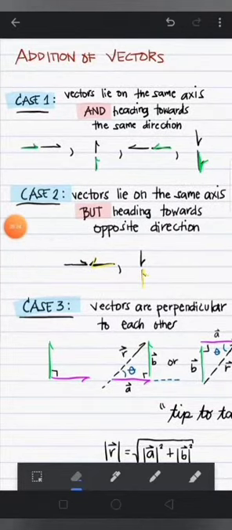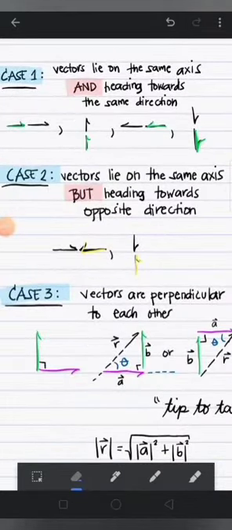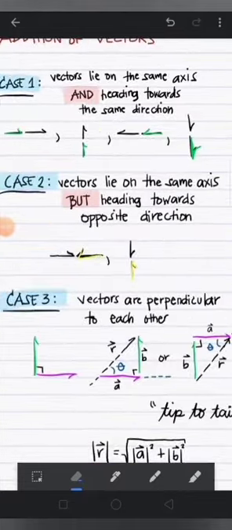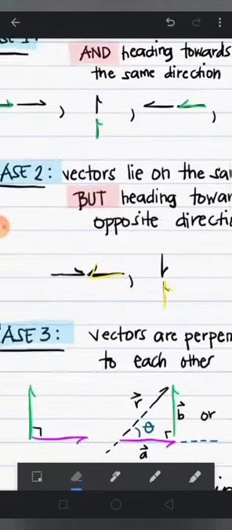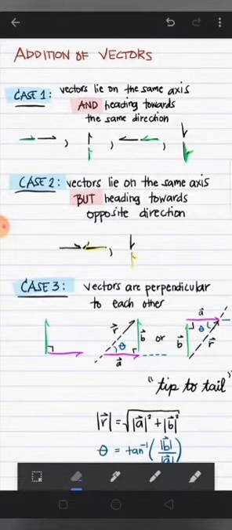The second case is if we add vectors that lie on the same axis but are heading towards opposite directions. In vectors, direction is very important. If it is heading towards positive x, the sign is positive. If heading towards negative x, the sign is negative. If heading towards positive y, it is positive, and towards negative y, of course negative y.